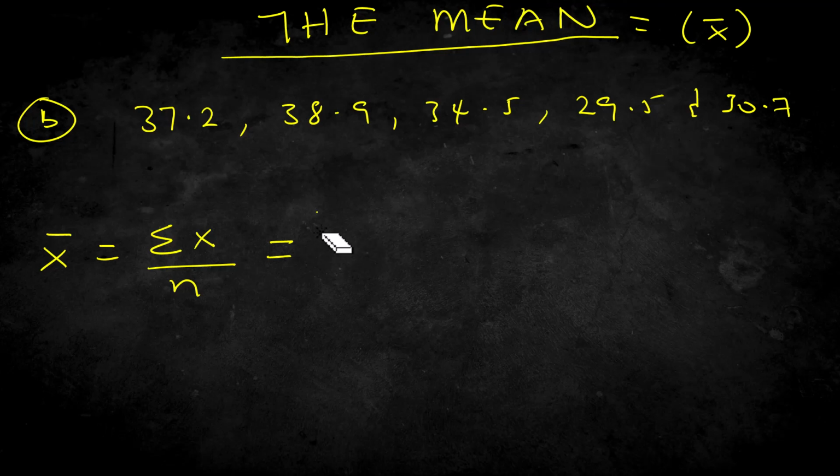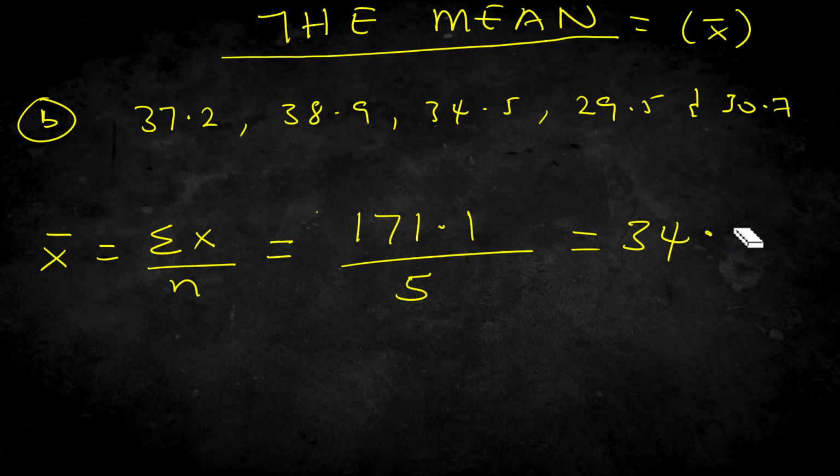We have 171.1 over 1, 2, 3, 4, 5, so over 5. When divided by 5, it will give us 34.22. So that is the answer for this.